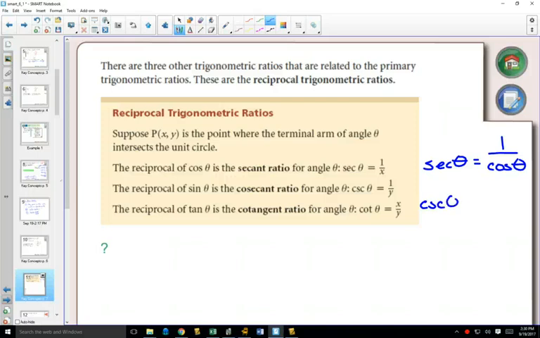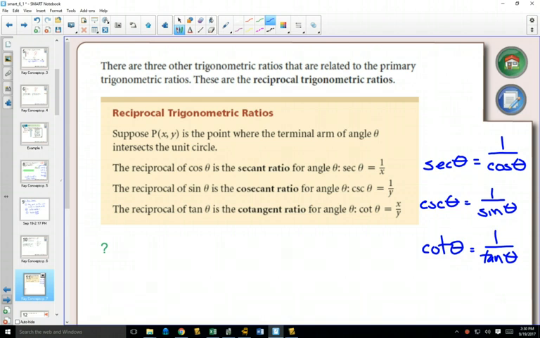Cosecant of theta is the same as 1 over sine of theta. And cotangent theta, any guesses? It's the same as 1 over tangent of theta. Cotangent is really easy to remember because it goes with tangent, but you will mix up secant and cosecant. Maybe if you remember that they're mixed up, like the S goes with the C and the C goes with the S. I don't know if that helps.